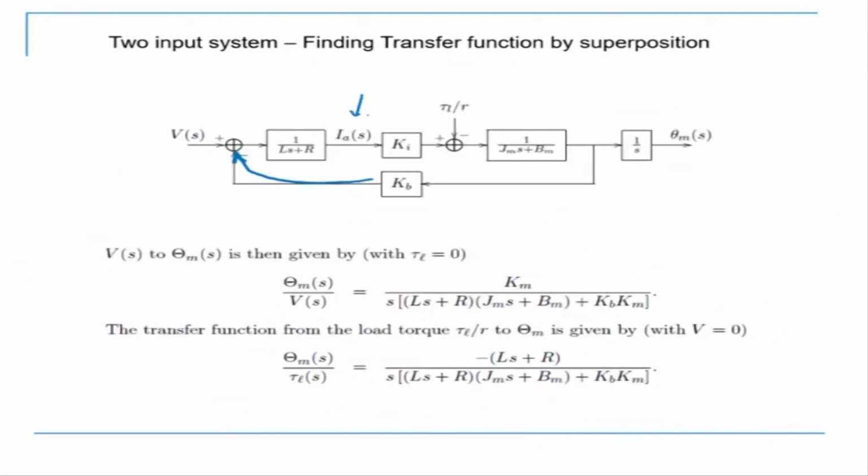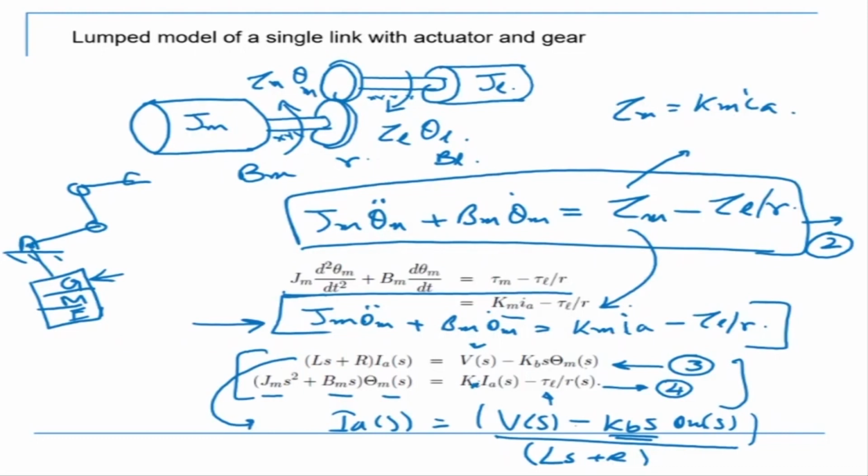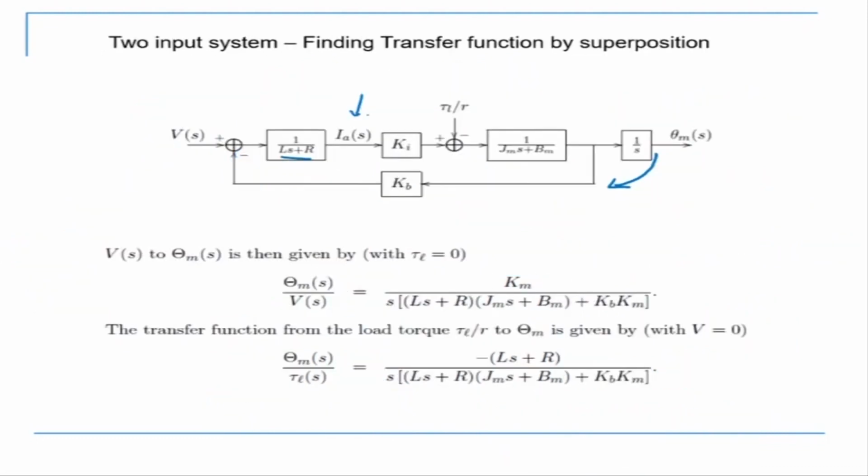Theta ms is coming from here, and on the denominator we have Ls plus R. So this minus this is getting multiplied by this block, and what you get is IAS. Now I hope you understand how this block diagram came from this equation.